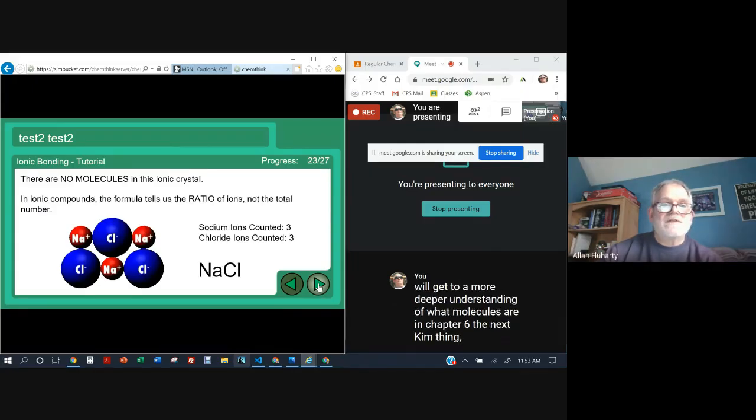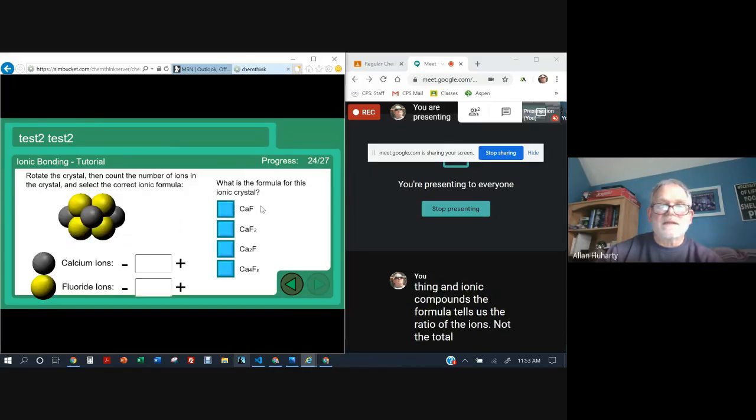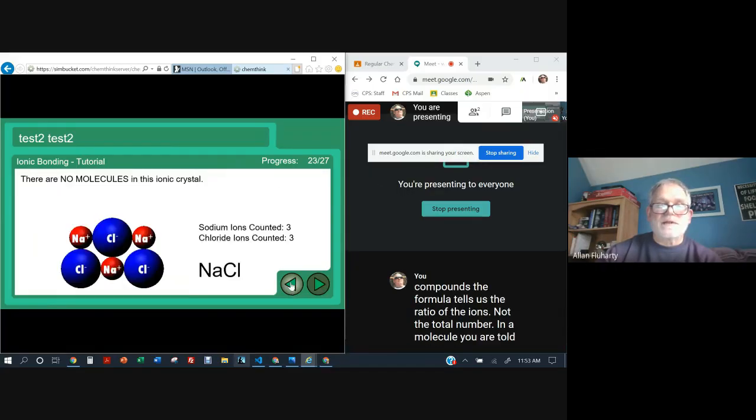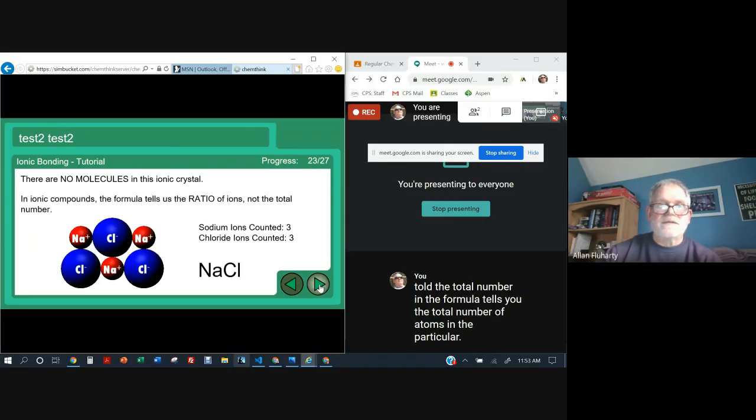In ionic compounds, the formula tells us the ratio of the ions, not the total number. In a molecule, you are told the total number. In the formula, it tells you the total number of atoms in the particular molecular particle.